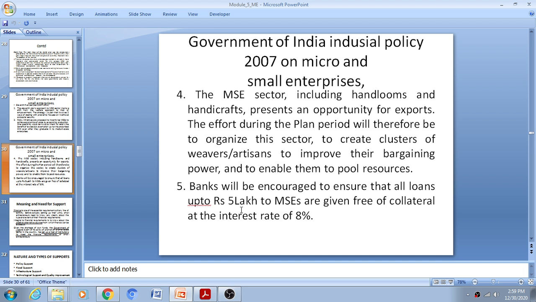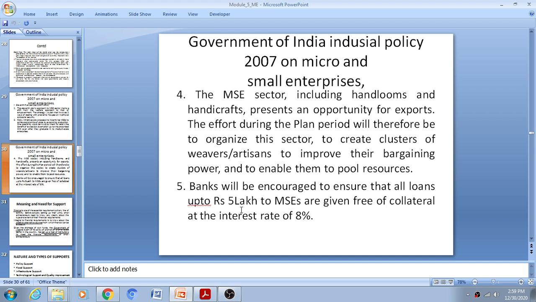Okay, so in order to promote the exports of the nation, they have brought all these artisans or weavers and formed clusters among them, or you could also call it forming a union among them, and encouraged them to take up small industries so that the bargaining power of those people could improve.